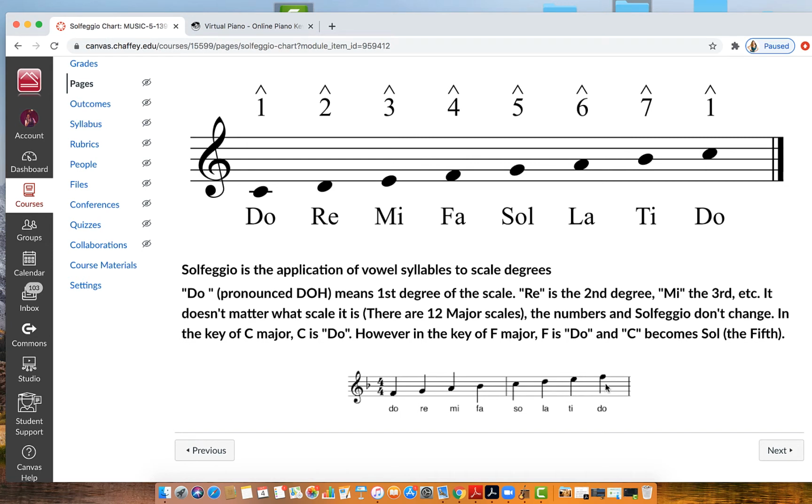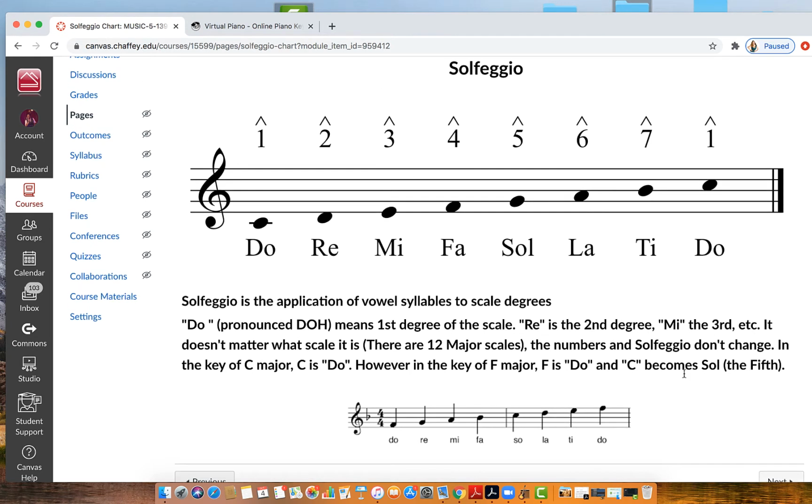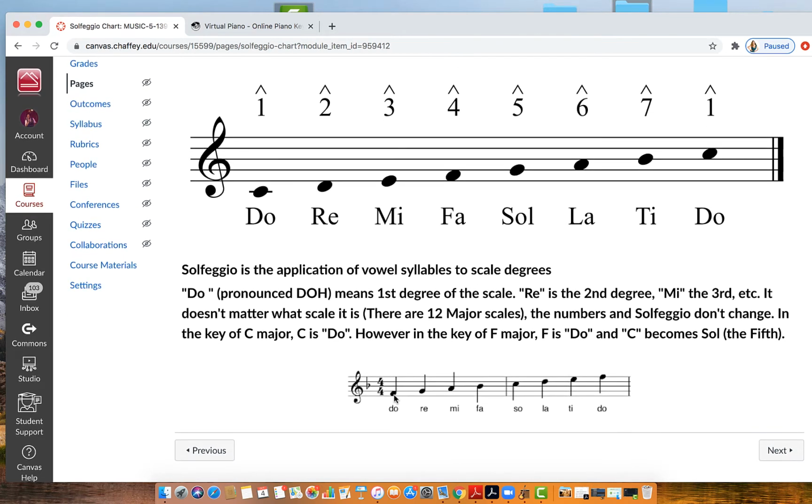And the beautiful thing about that is that even though the note names change, in the key of C, F is the fourth degree. It's fa. But in the key of F, F's importance changes. F now becomes do, the number one tone.